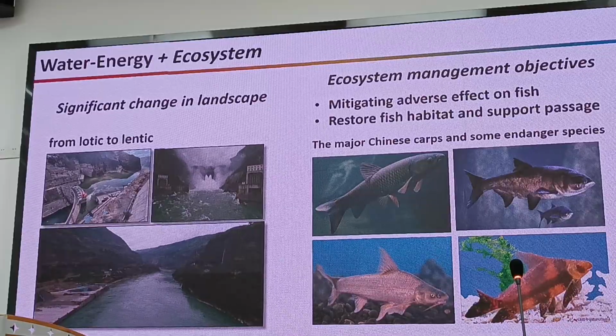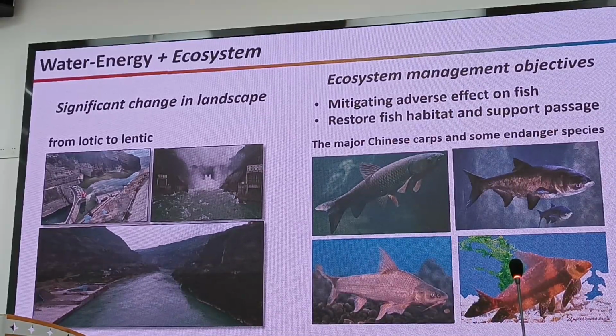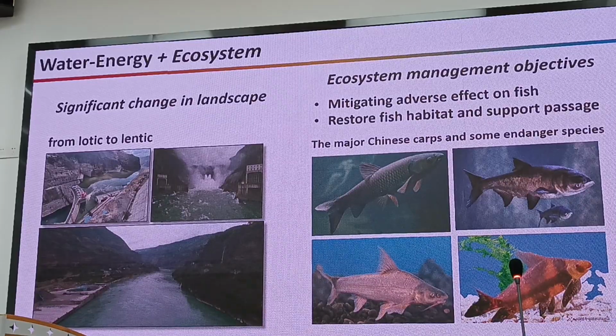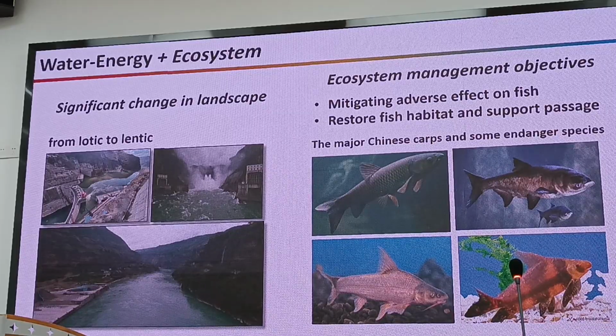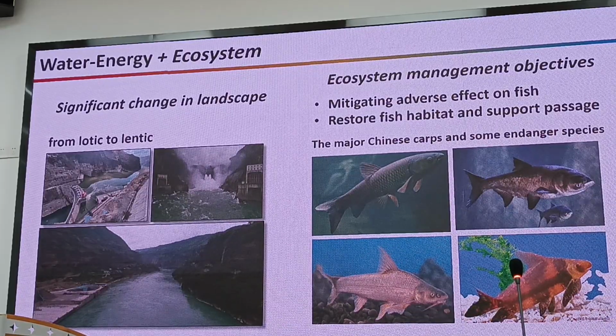And water, energy, and what we call inclusive innovation: water, energy plus more, we need to think about the ecosystem first. There is a significant change in landscape, and we have some native species, and also the Chinese sturgeon and more endangered species. For instance, these ones are endangered species.